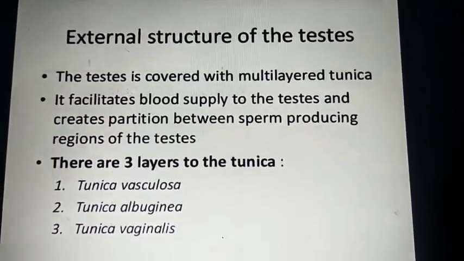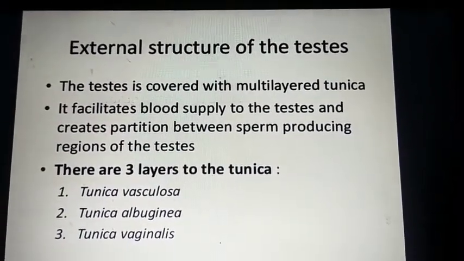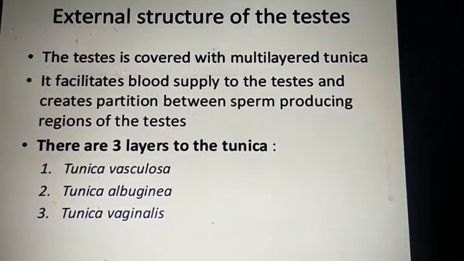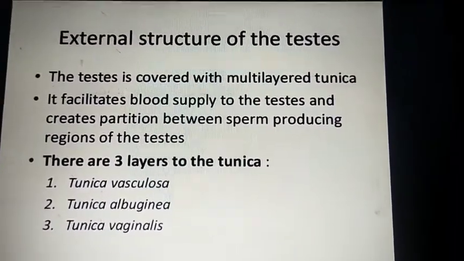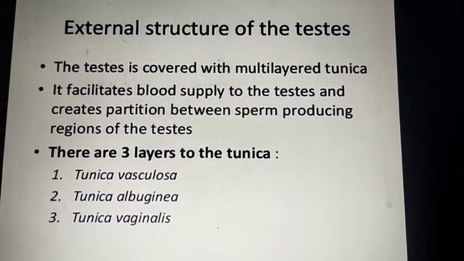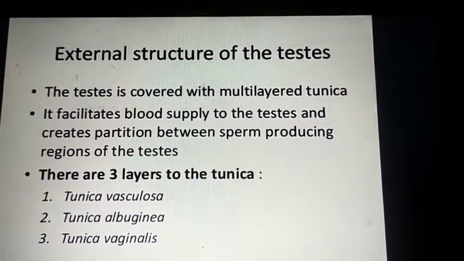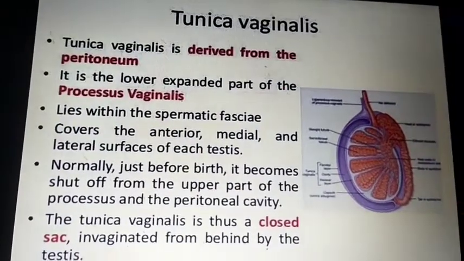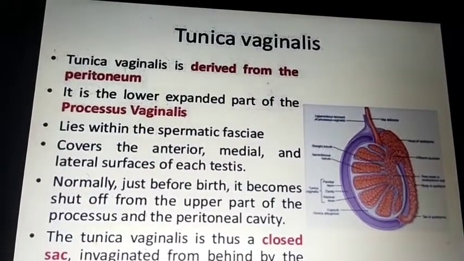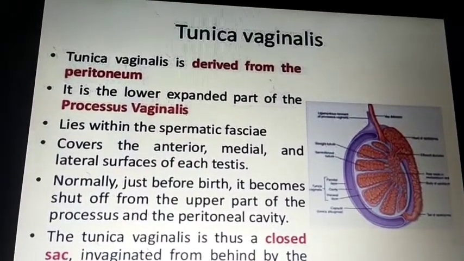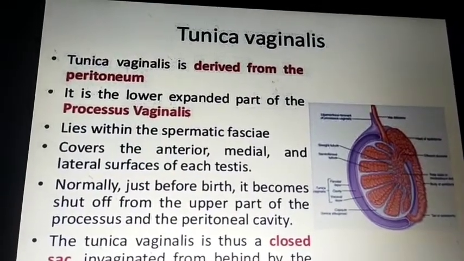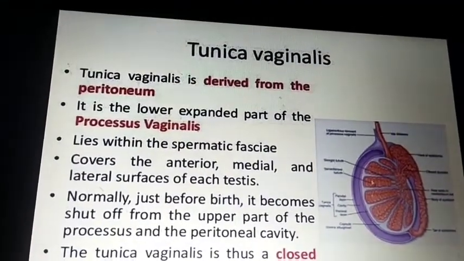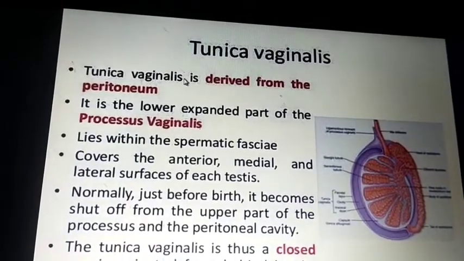The whitish color of the testis is mainly because of the color of the tunica albuginea, which makes the testis look white. Now the tunica vaginalis: it is formed by the processus vaginalis. The processus vaginalis is formed or derived from the peritoneum. The tunica vaginalis is derived from the peritoneum.